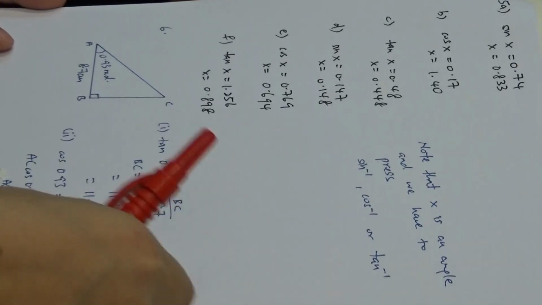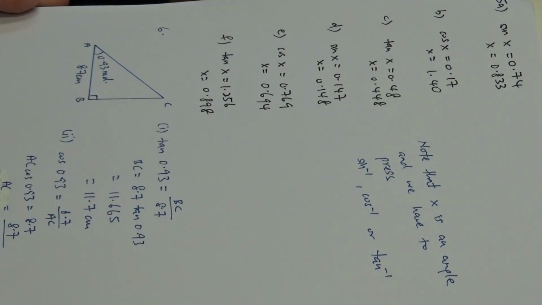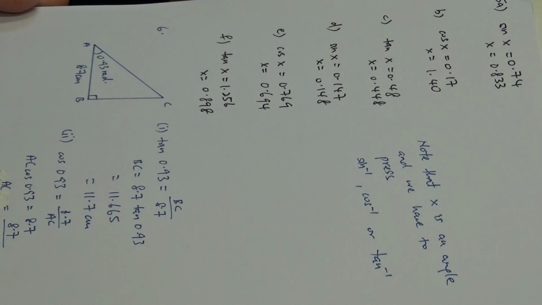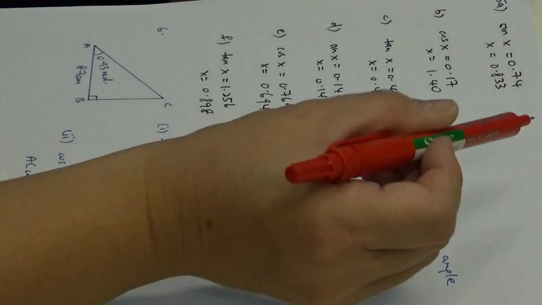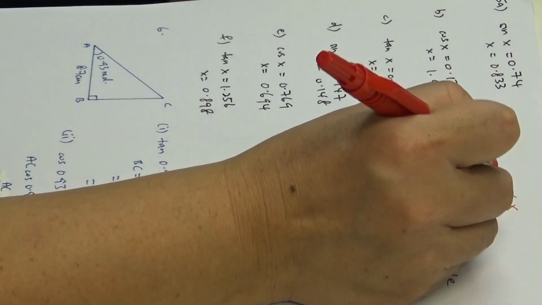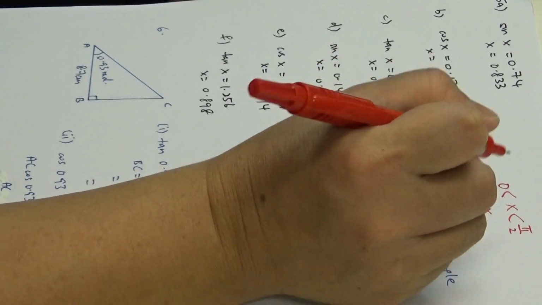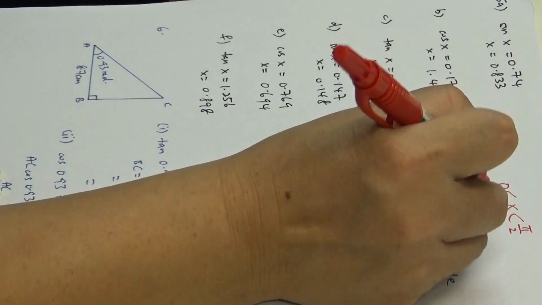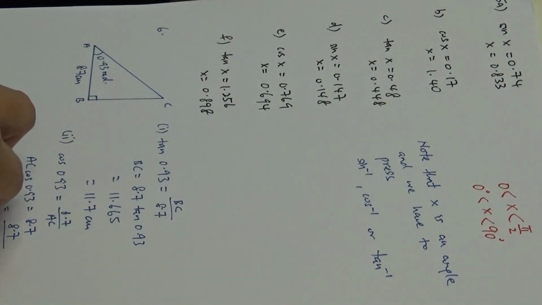Okay, question 5 says, for each of the following, find the value of x in the range x between 0 and pi over 2. Now, x between 0 and pi over 2, in degree mode, it means that this is actually 90 degrees.